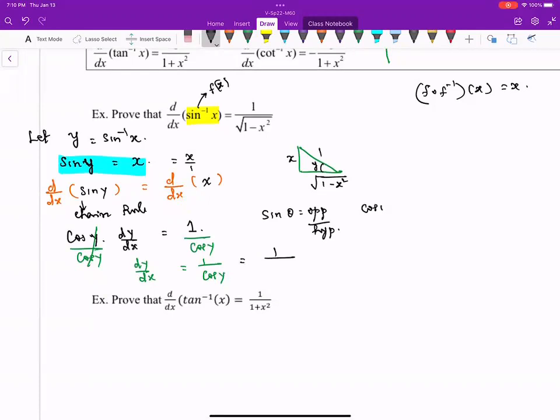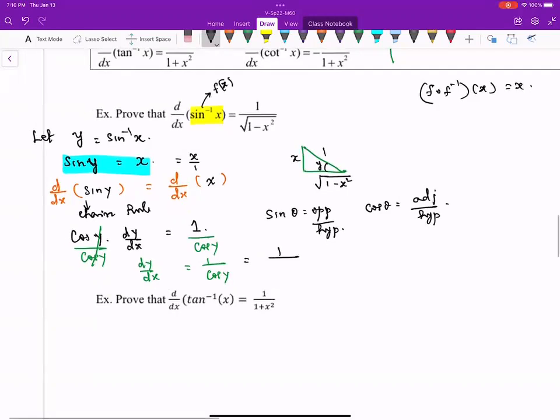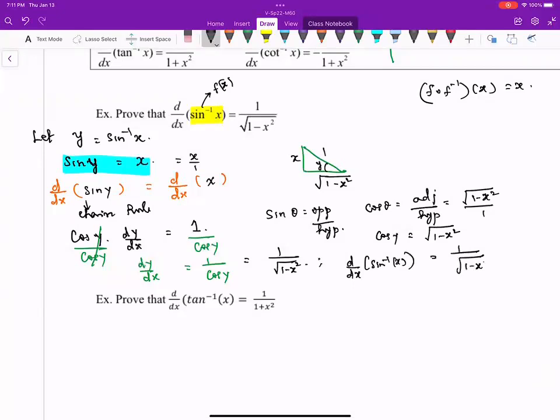What is cosine theta? Adjacent over hypotenuse. The hypotenuse is 1, so cosine of y is square root of 1 minus x squared. So it will be square root of 1 minus x squared in the denominator. So what is y prime, or the derivative of sine inverse of x? It is nothing but 1 over square root of 1 minus x squared.